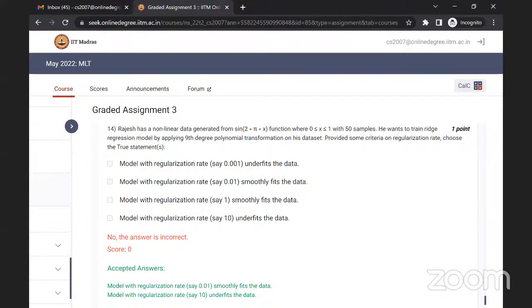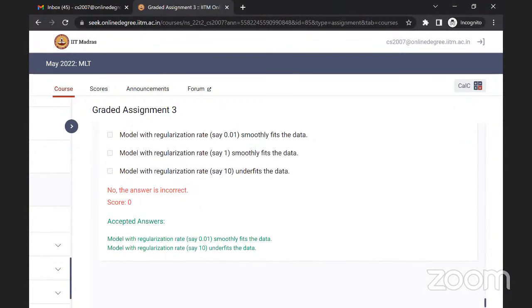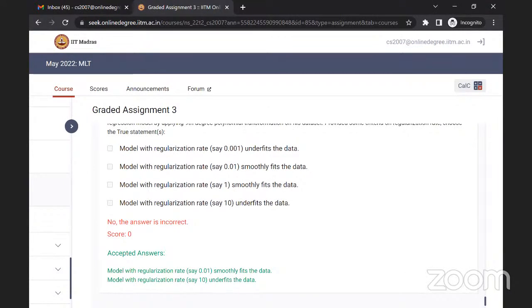And if the regularization rate is too small, then it starts to overfit. Okay, so how can we say option C is incorrect? How can we say only option B is correct but not option C?